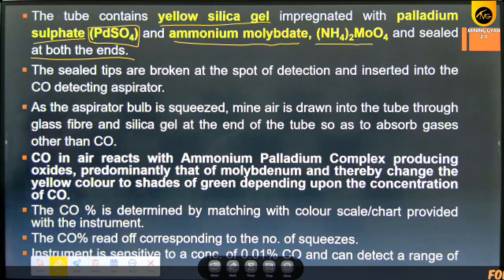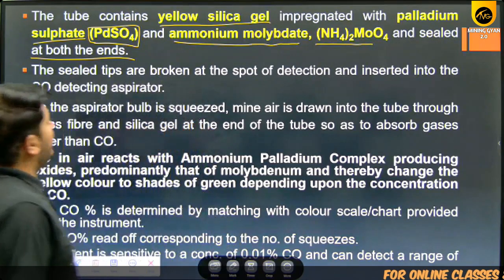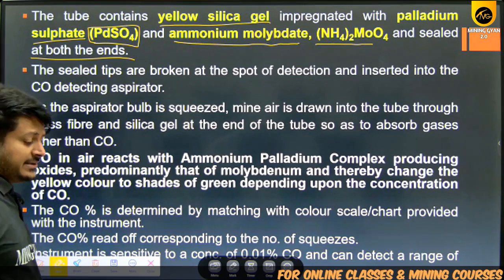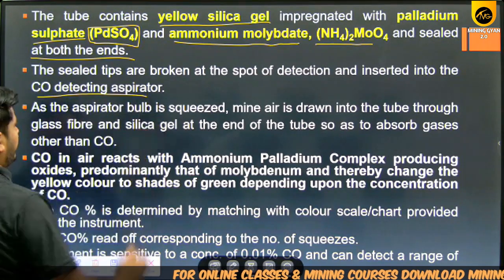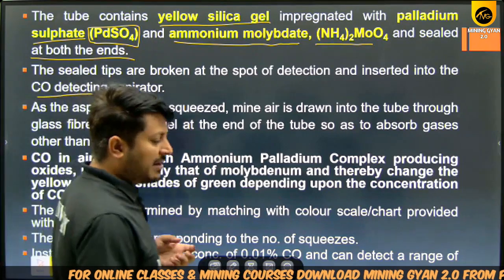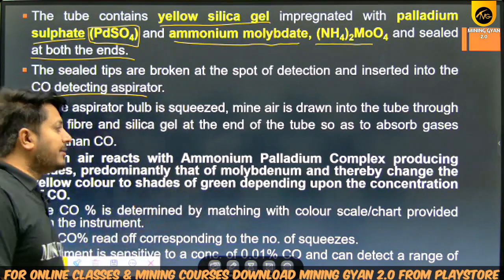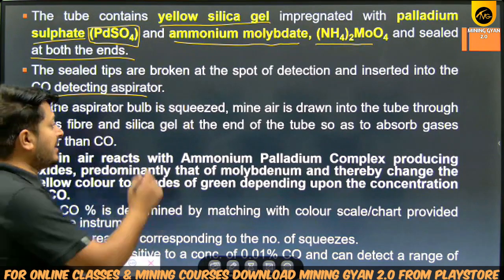Whenever you have to use this detector, you break the sealed ends at the spot of detection and insert it into the CO detecting aspirator. After that you squeeze the bulb of the aspirator so that the mine air gets drawn into the tube through the glass fiber and the silica gel at the end of the tube.